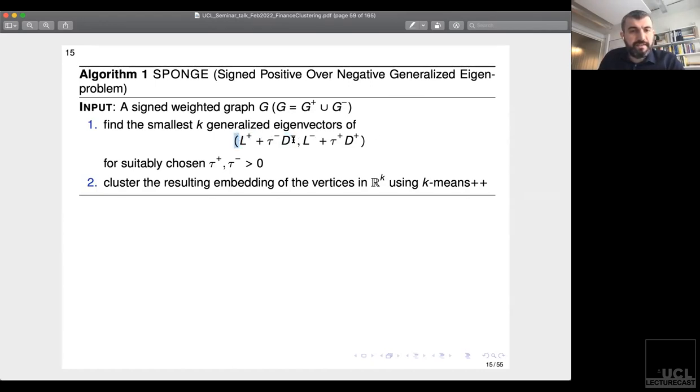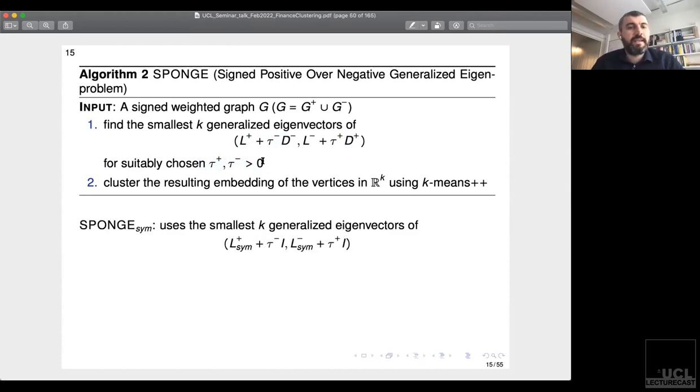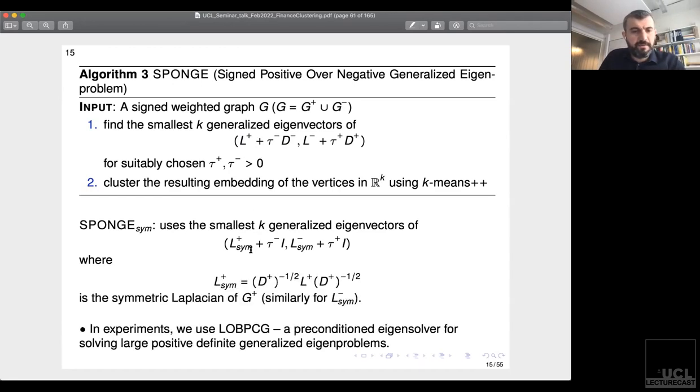So L plus shifted by a constant times D minus, and then L minus shifted by a constant times D plus, for some suitably chosen parameters tau plus and tau minus, and then we cluster the resulting embedding of the vertices in R^k using k-means++. And in the spirit of previous methods, we can also do the same thing for different types of signed Laplacian, in terms of symmetrized versions or random walk Laplacians, just like we've seen in the unsigned case.